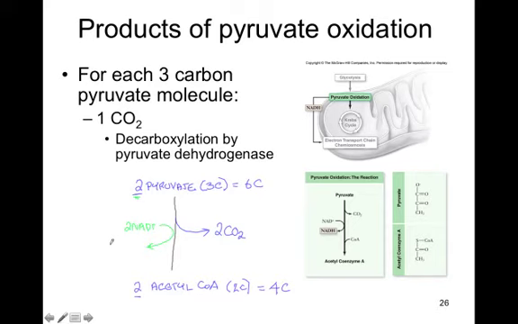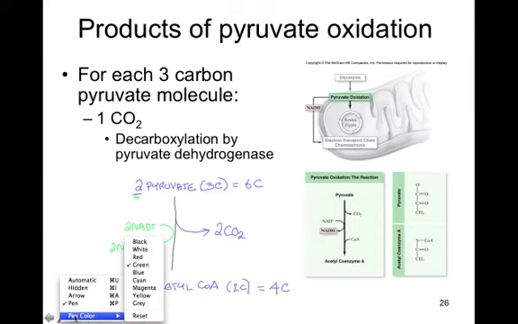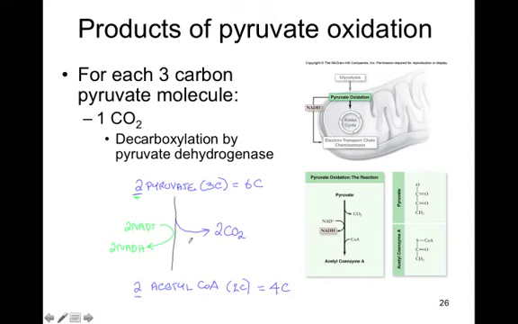So now we have 2 NADHs. And what's the third thing that we need to track? ATP. Did we generate any ATP in here at all? Nope, not at all. We have 0 ATP. So everything's tracked.